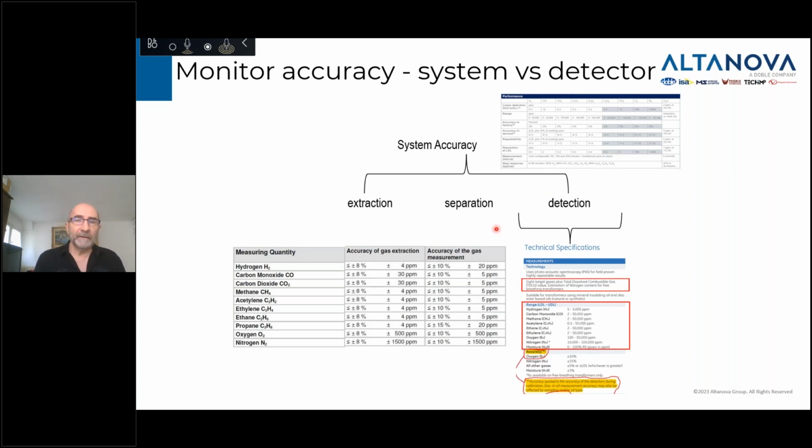So when you look at it, everyone writes their spec differently. Some people will show the accuracy of the gas extraction in one way, and then the accuracy of the gas measurement. And that's right, it's one way of doing it. But if you really want to understand how good their system is, you have to add them together.